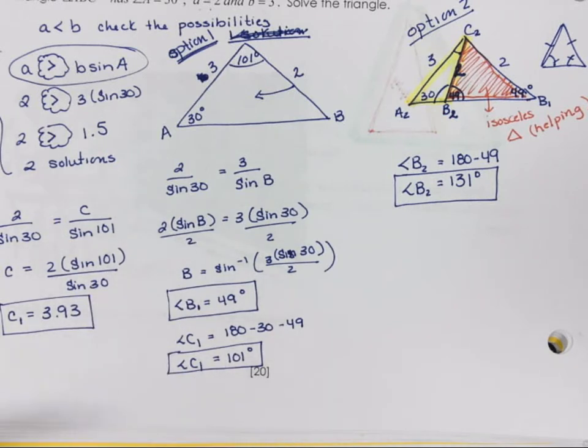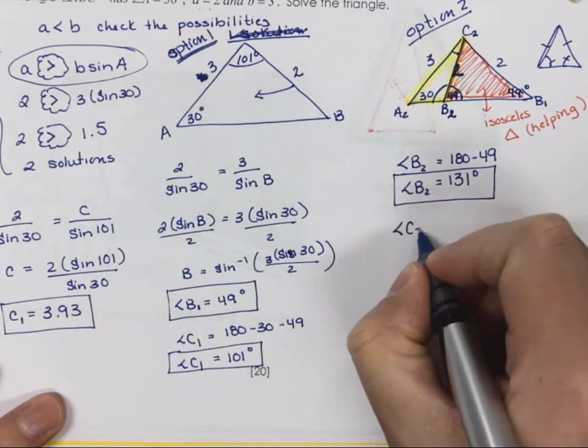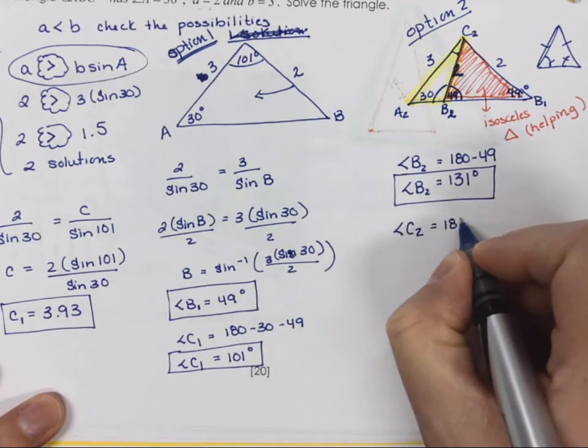Okay, so if we know B2 is 131, what can we find? Angle C. So C2 is going to be 180 minus 30 minus 131. That's going to be a 19.